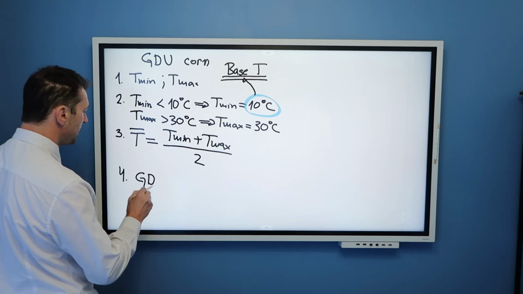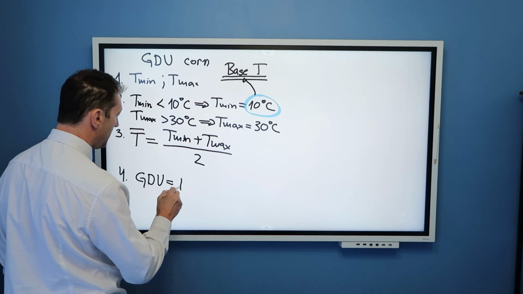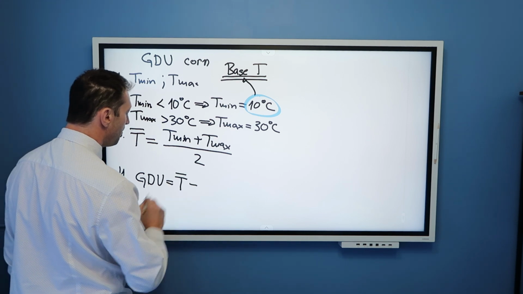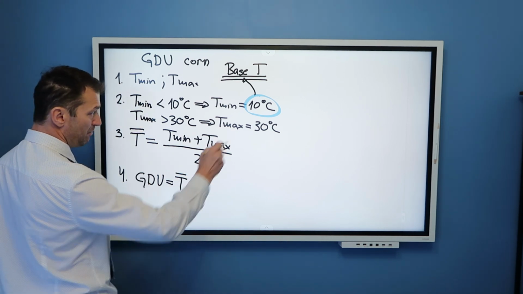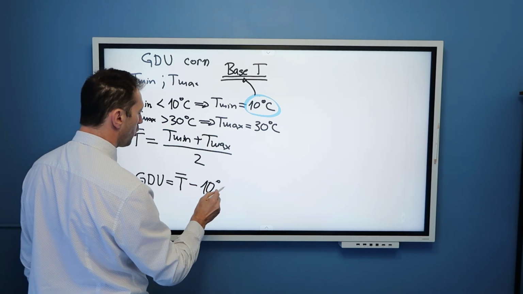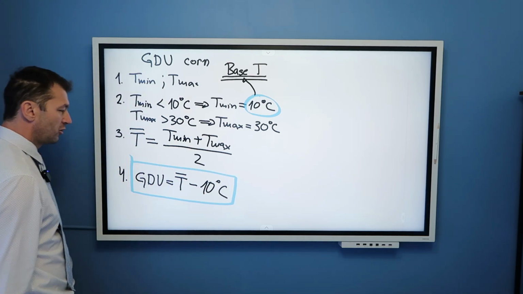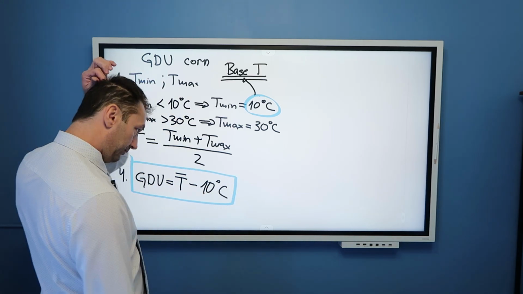Growing degree units is equal to this average temperature minus base temperature, which is 10 degrees Celsius for corn. And this formula is the formula for growing degree units for corn.